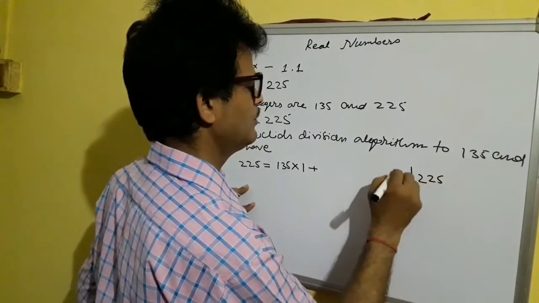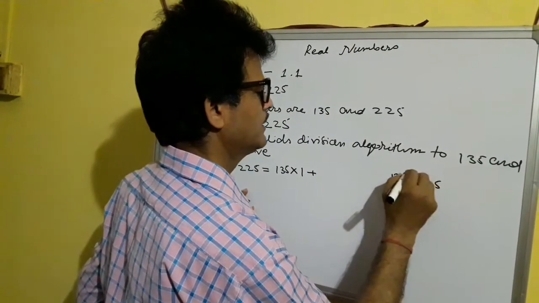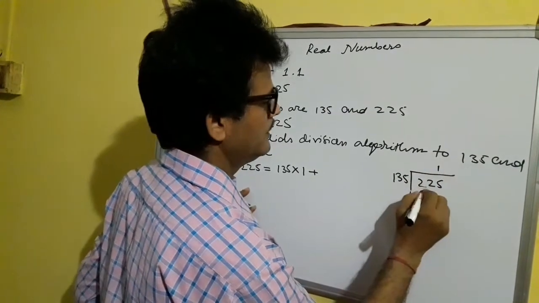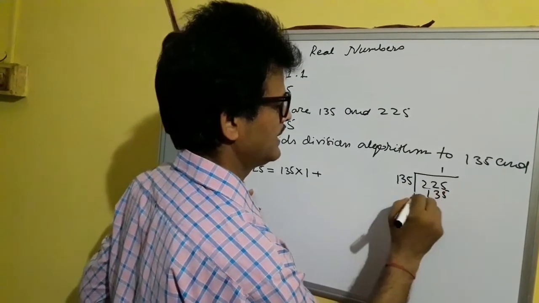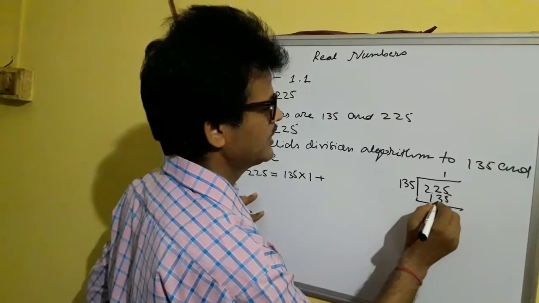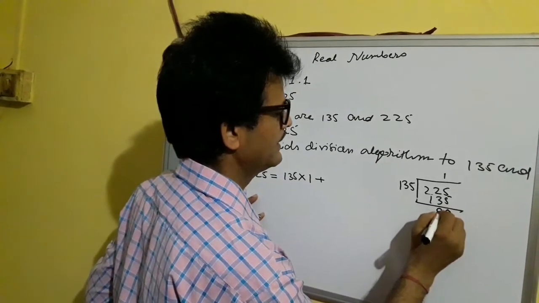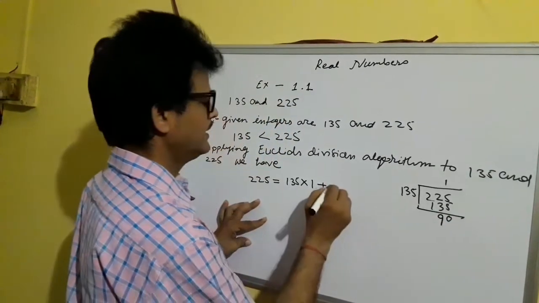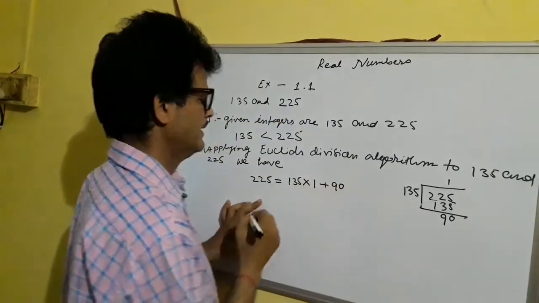225 divided by 135, it is 1 time, and you subtract 135. 5 minus 5, 0, 12 minus 3, what is 12 minus 3? 9. So this is the remainder.